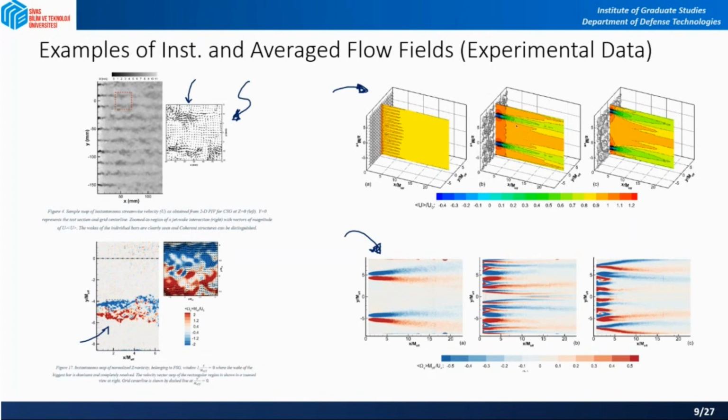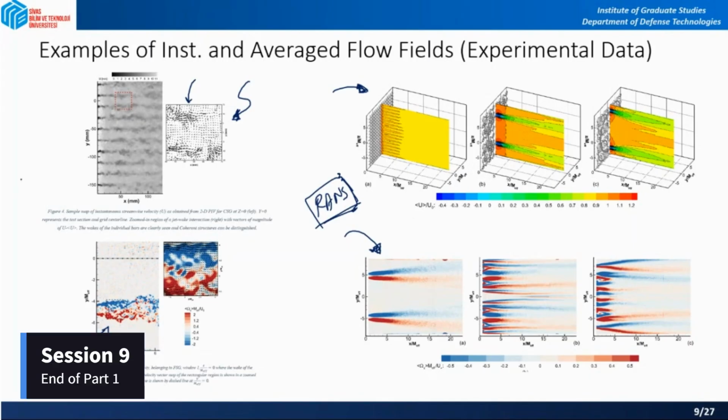So what you see here is what you can see in RANS based models when you numerically model turbulence. If you solve for some flows, for example for the wind tunnel project that we have, what you will get is the average flow. Those results are much like what you are seeing on the right hand side, not what you see on the left hand side.